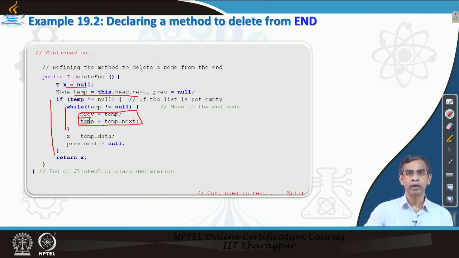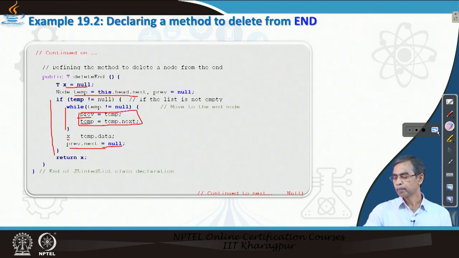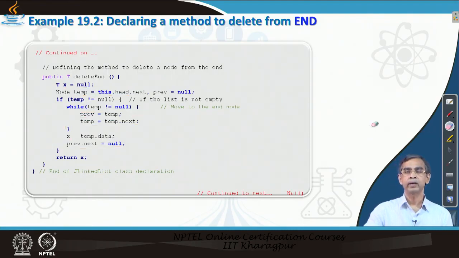Previous is one node ahead of the currently traversing node, and when we come to the end, we copy the value of the temp node into x, and we make the link field of the previous node null, and that is all. So, this is the method that we can follow in order to delete a node from the end.